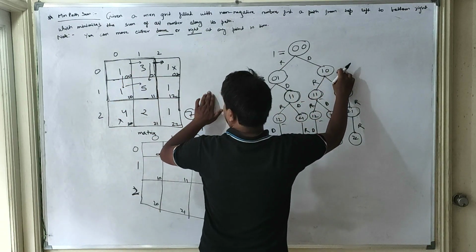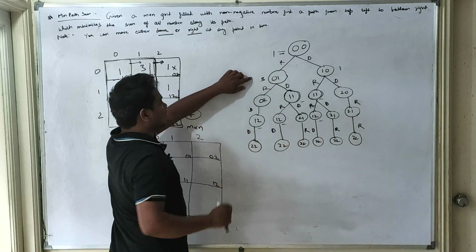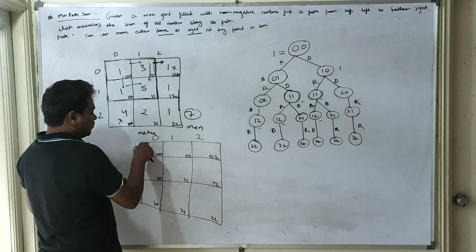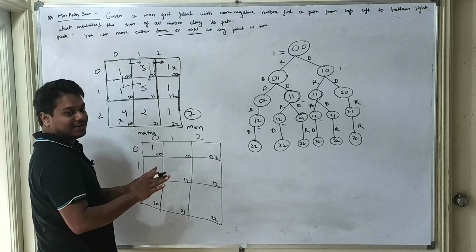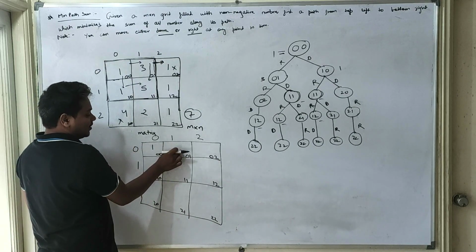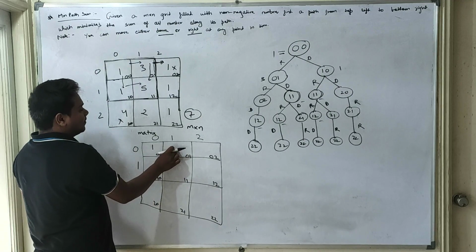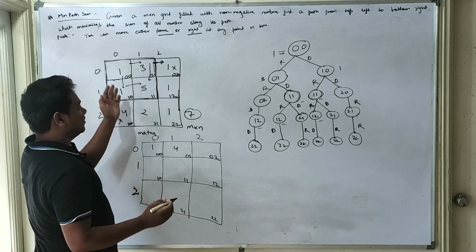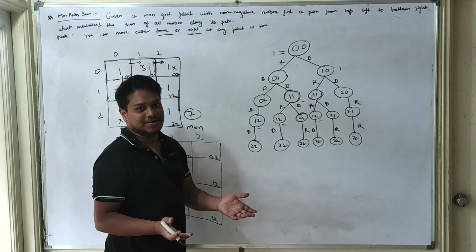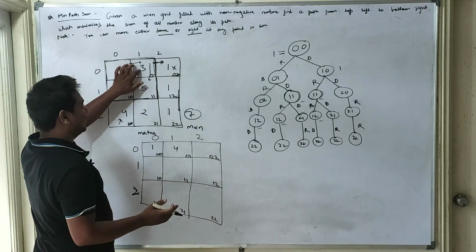For 1 0 it is 1, so to reach this cell the value is 1, because we are already starting from this cell. Now to reach the next cell, the minimum path sum would be 4, because there are no other values in the matrix, and this is our source and this is our destination.